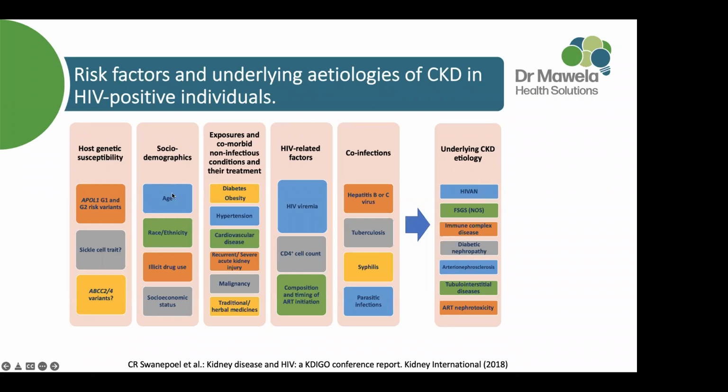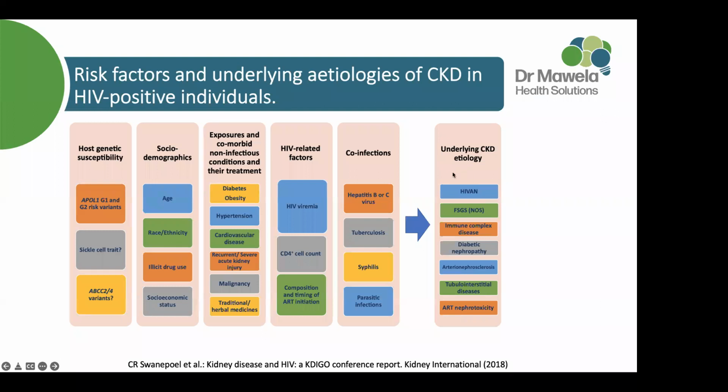Then socioeconomic and demographic factors: age, your older patients, your Black African patients, those using illicit drugs, poor social status, exposure to comorbid conditions, especially diabetes and hypertension, obesity, malignancies, HIV that is not controlled. Patients might get HIV-associated nephropathy, co-infections with hepatitis B, TB, especially your schistosoma there, quite important. Sometimes we forget about such things in South Africa.